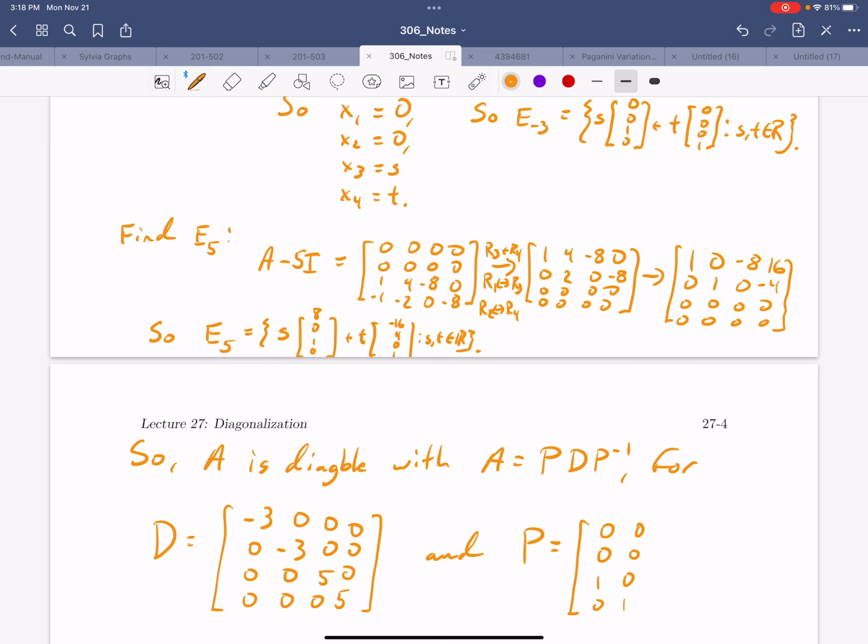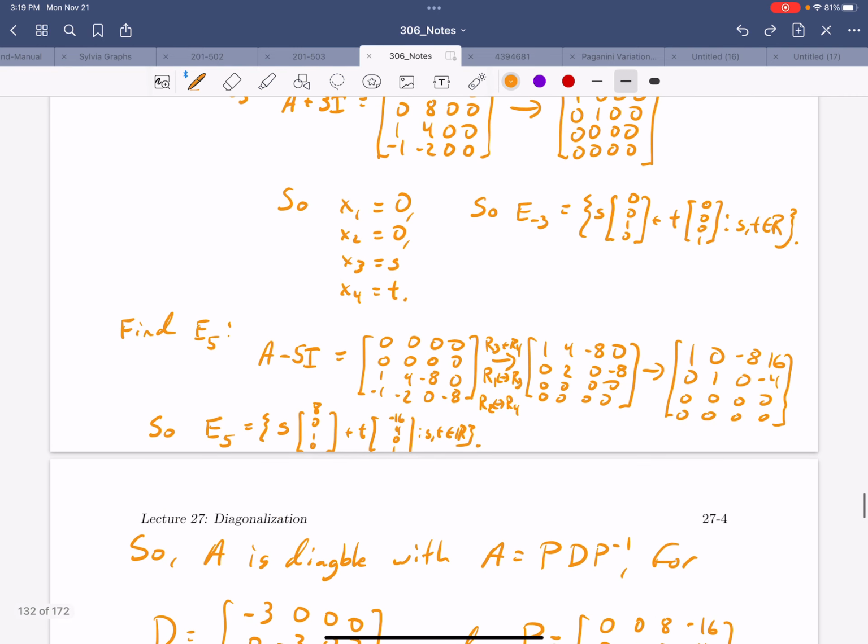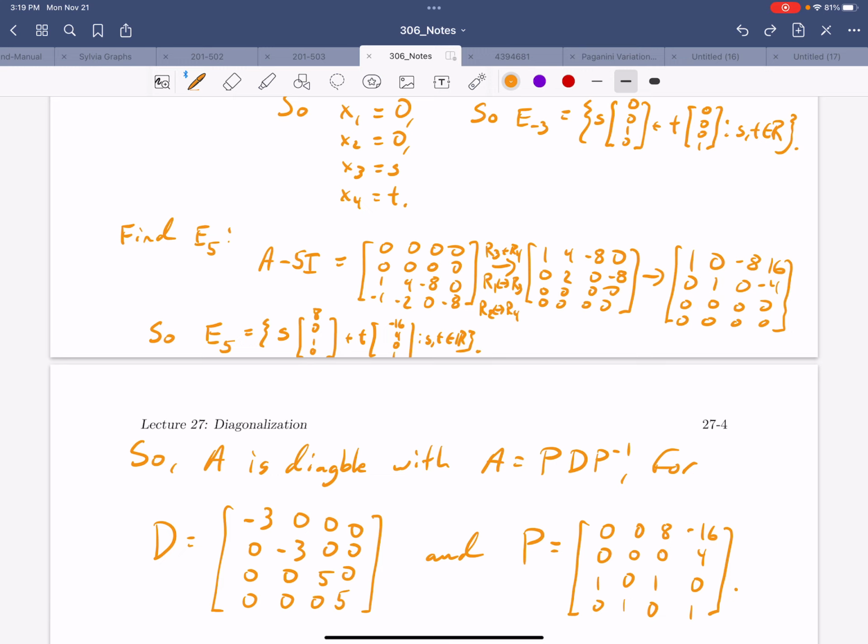And then for 5, it was 8, 0, 1, 0, and then negative 16, 4, 0, 1. Okay? So it turns out if you did this guy times that guy times this guy inverse, you'll get A. And we have diagonalized A because it was possible.